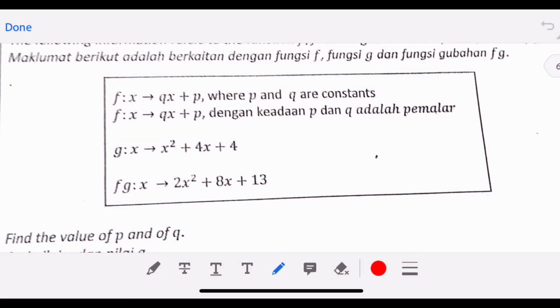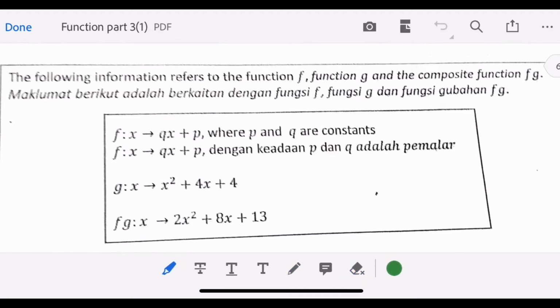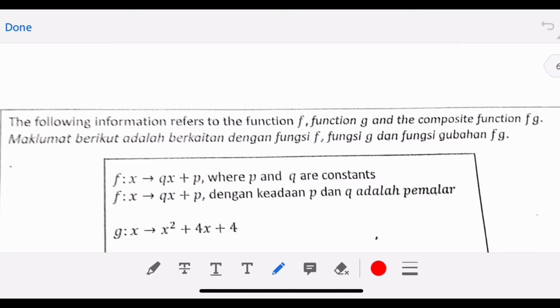To question number 6. Let me show you this question. I call it question number 6. If you follow the order of the question, it should be question number 6. But some of you, because the question is a repetition of the question, skip the number, and it makes it very troublesome for me to mark your exercise book.